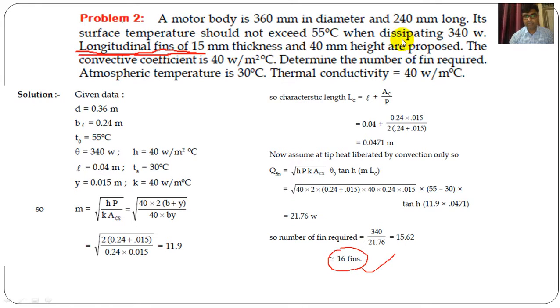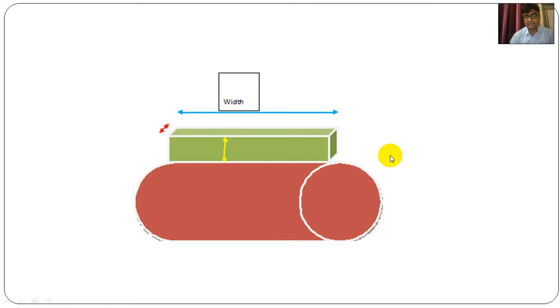But if you closely observe, I am considering this problem for the length, width and thickness. In this one the fins are longitudinal. According to length, it looks like this. This is a rectangular fin. In this one, the yellow color distance is considered as the height of the fin, the red color distance is considered as the thickness of the fin, and this is considered as the width of the fin. Clear?